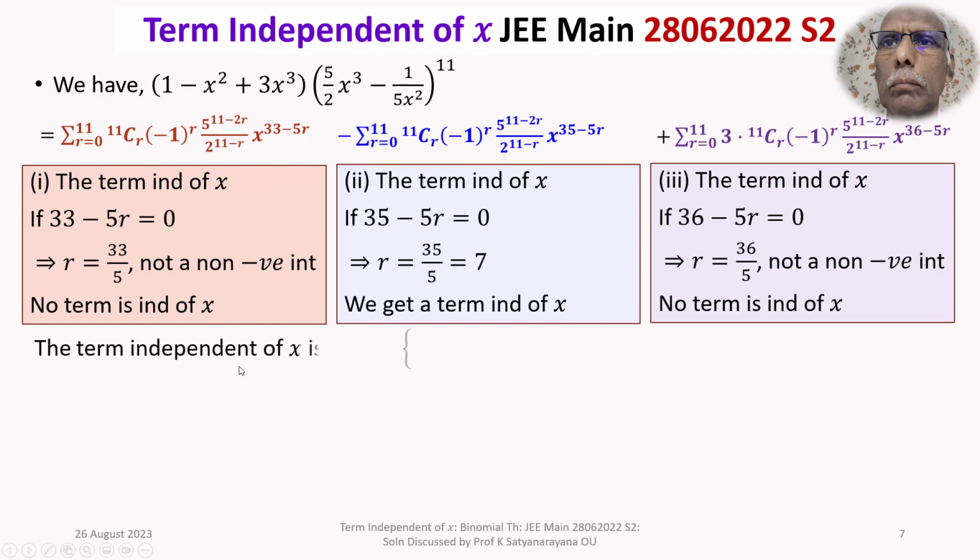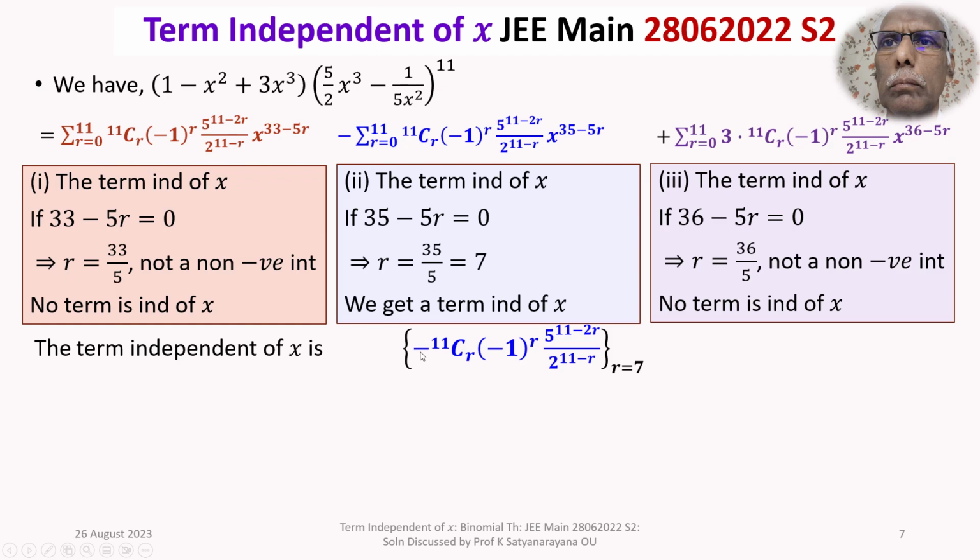So the term independent of x is minus 11Cr into (-1) to the power of r into 5 to the power of 11 - 2r divided by 2 to the power of 11 - r, when r = 7.